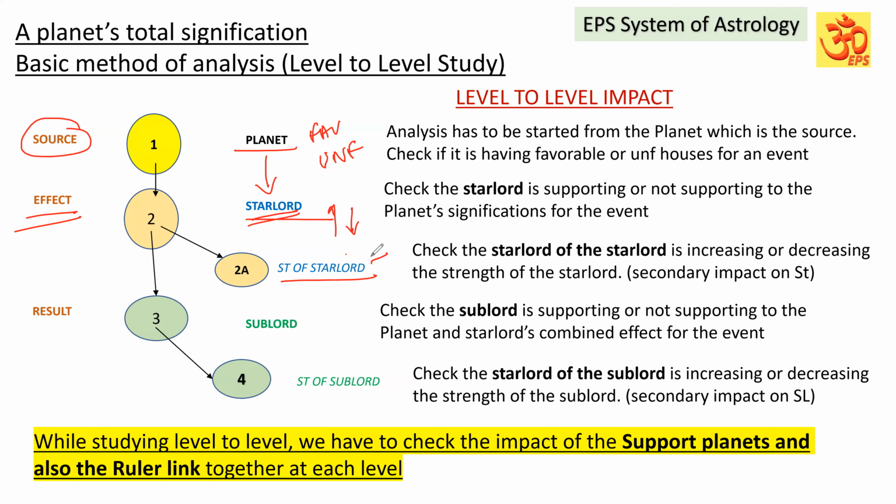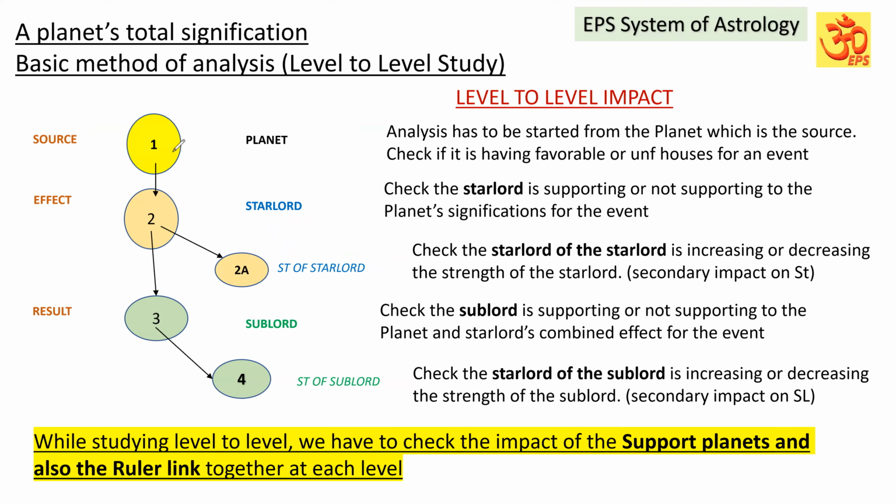This is a secondary level only, but still, suppose the planet is favorable, and the star lord is unfavorable. It means the favorable strength will get reduced because of the unfavorable star lord of the star lord. Suppose the star lord of the star lord is also favorable, the favorable strength of the star lord will get increased. I hope you have understood.